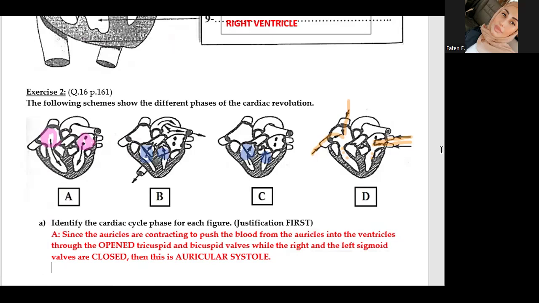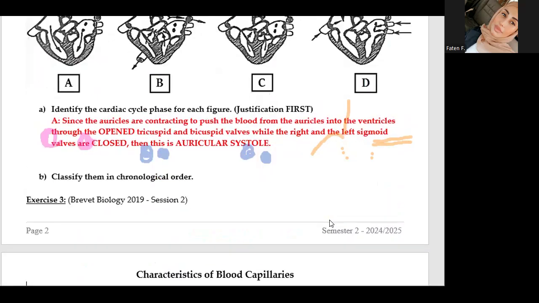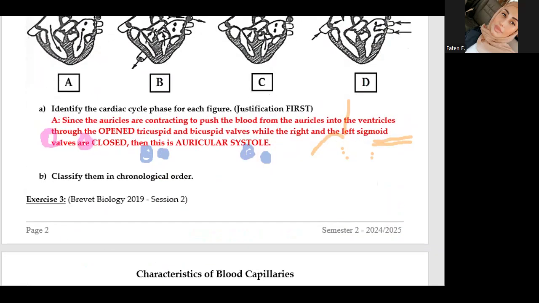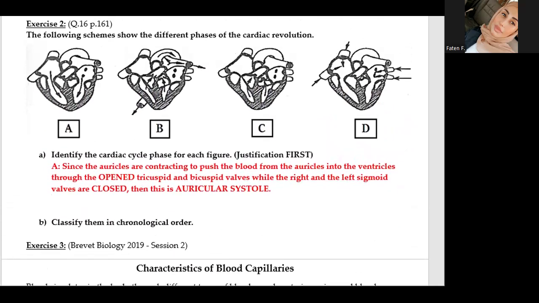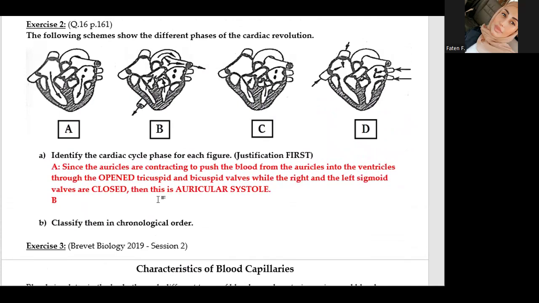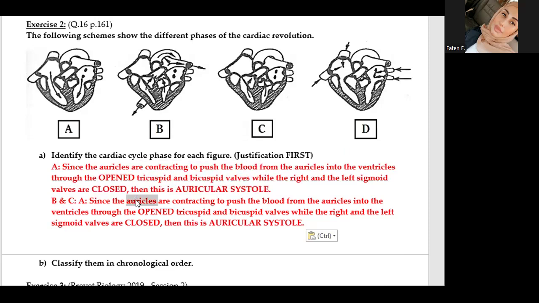Now let's talk about phases B and C. Here, since the ventricles are contracting, they are contracting to push the blood from the ventricles into the arteries, meaning the aorta and the pulmonary artery.